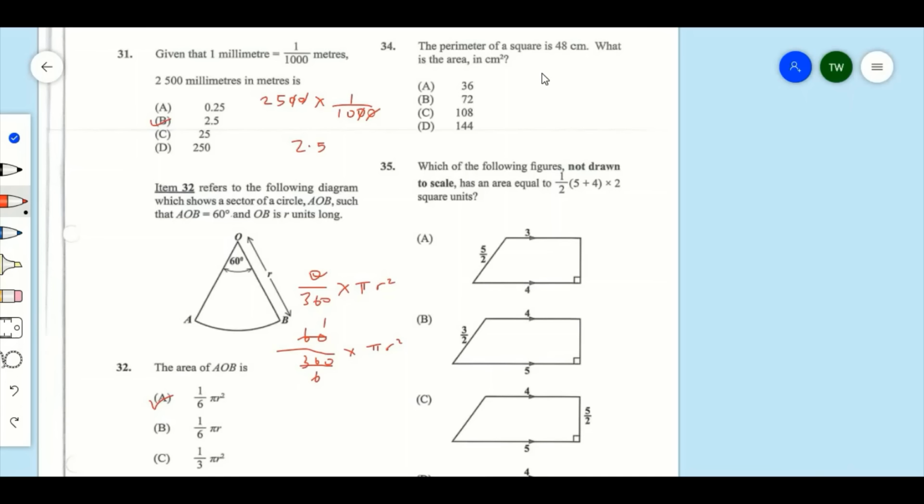So therefore, 4 times L, which is the length of one side, is going to equal the perimeter. And the perimeter is 48 in this case. Now from this, we can determine what the length of one side is going to be by dividing both sides by 4.